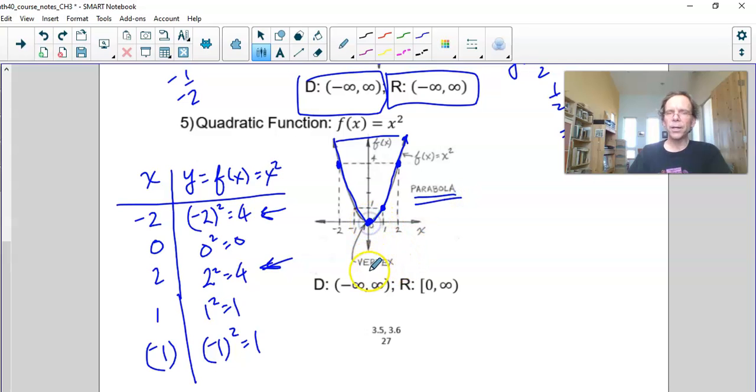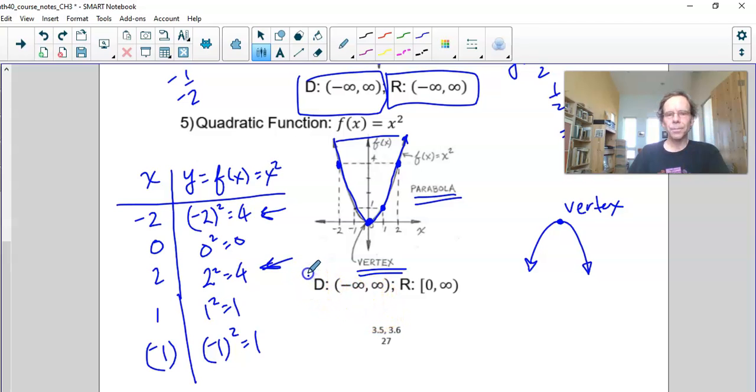And the minimum value on this parabola, because it opens upward, is called the vertex. There's some parabolas that open downward, but the maximum value there is what's going to be called the vertex. We'll do more exotic quadratic functions later in another chapter. I think it's chapter 9.